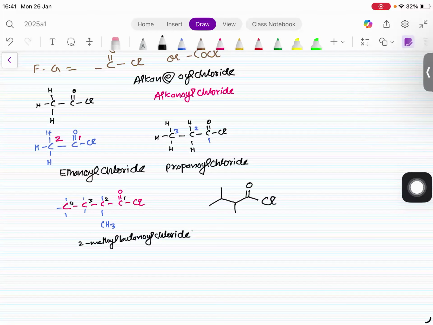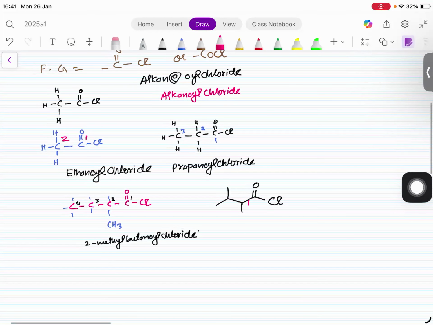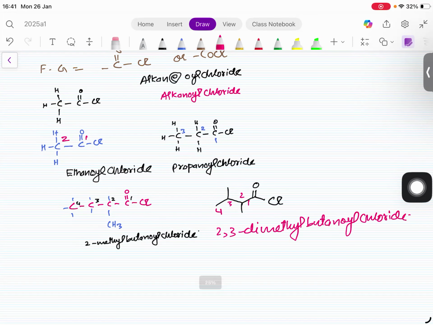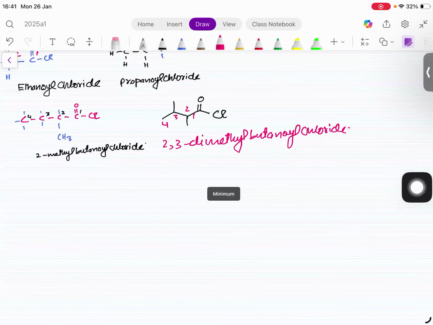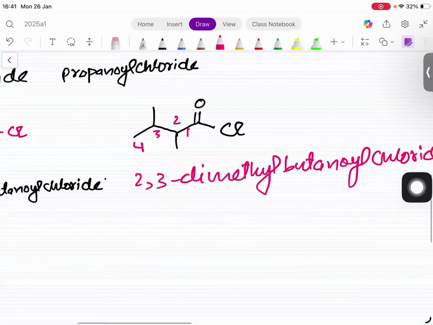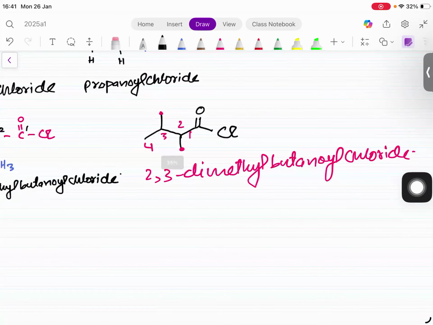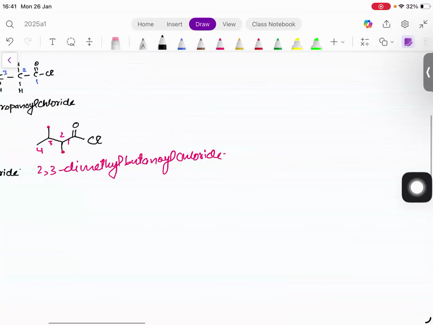What is the name? 1, 2, 3, 4. 2,3-dimethyl, noyl chloride. There are 2 methyl groups attached, here is methyl, here is methyl. 2 branches.